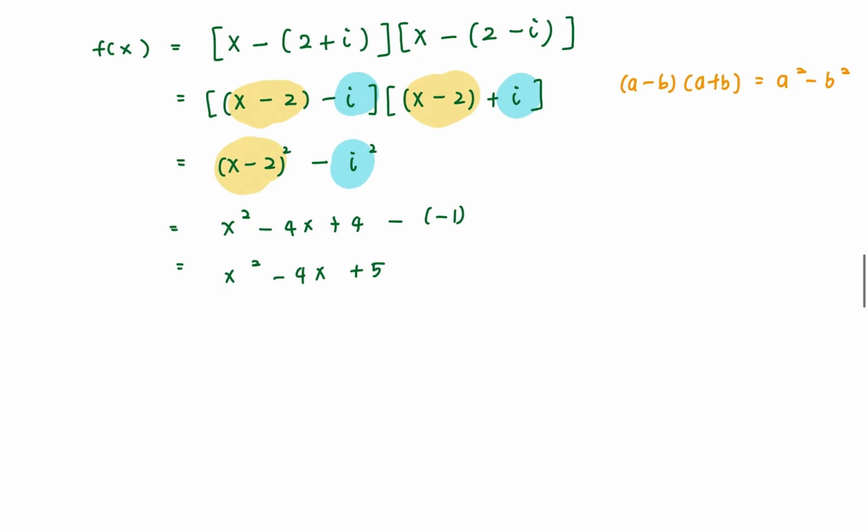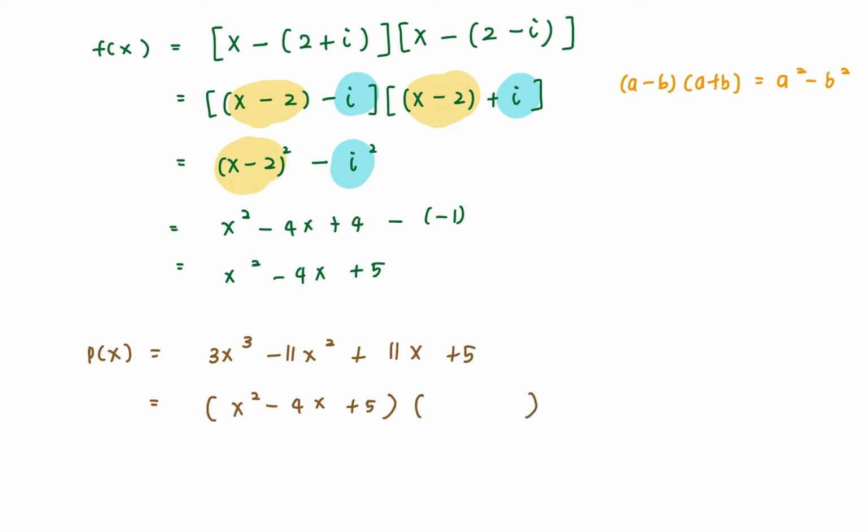Okay. Once you get the quadratic, let's say we rewrite back the polynomial just now. Your question just now is 3x cubed minus 11x squared plus 11x plus 5. And then you have one quadratic function, which is x squared minus 4x plus 5.